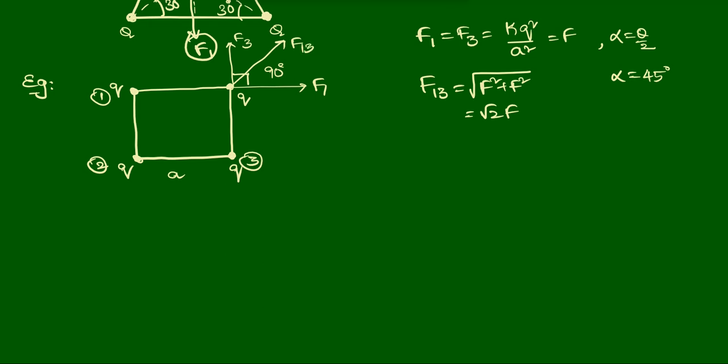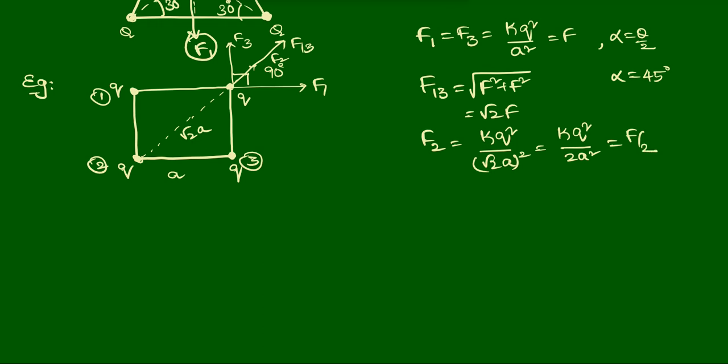This is F13, and now F2 will also be in the same direction. So this is F2 also. This diagonal length is root 2 a. So F2 will be kq square by root 2 a whole square, or that will be kq square by 2a square, which is F by 2.